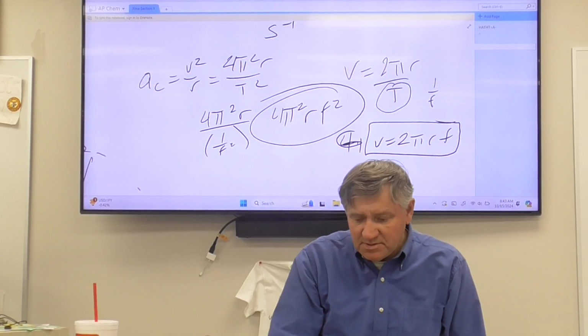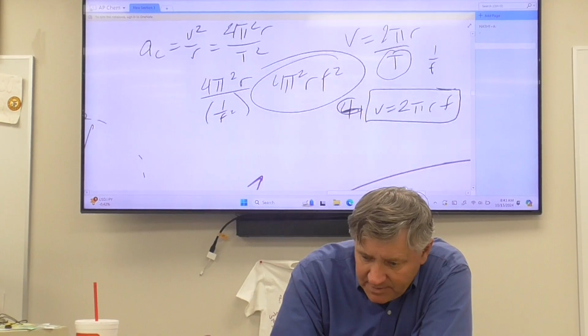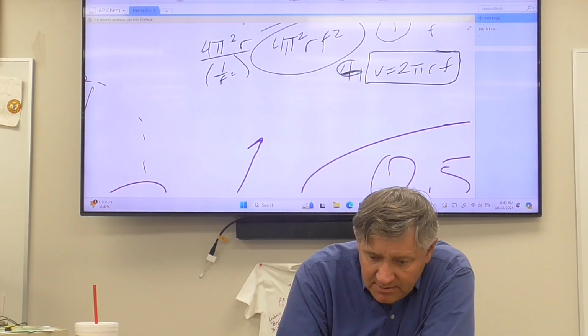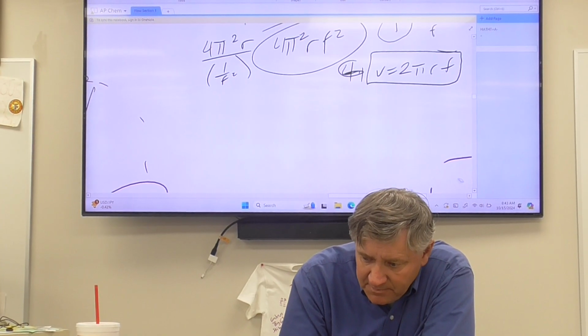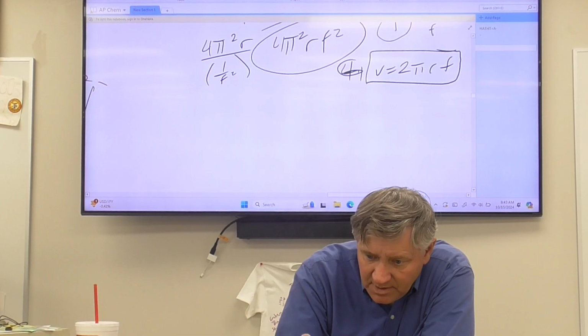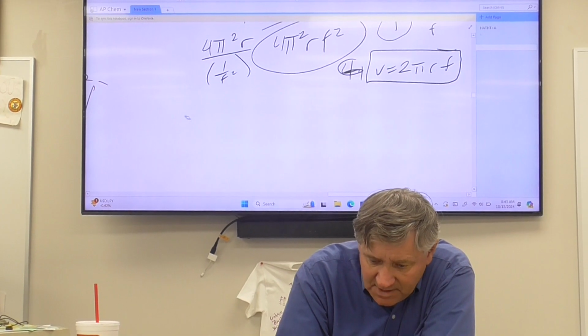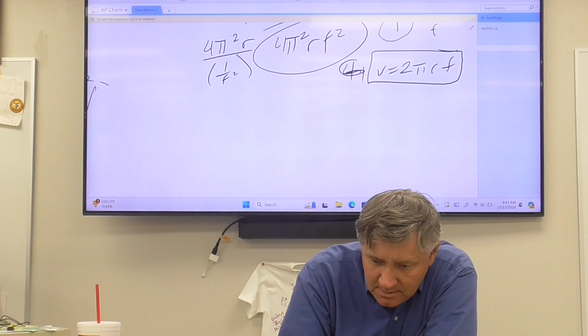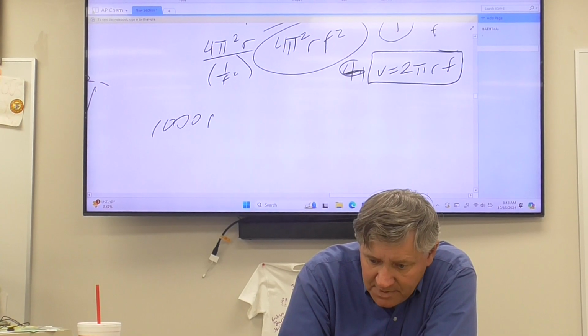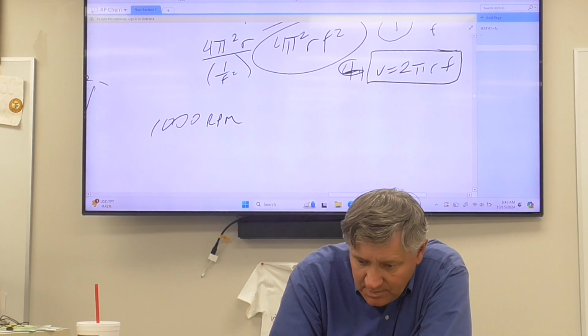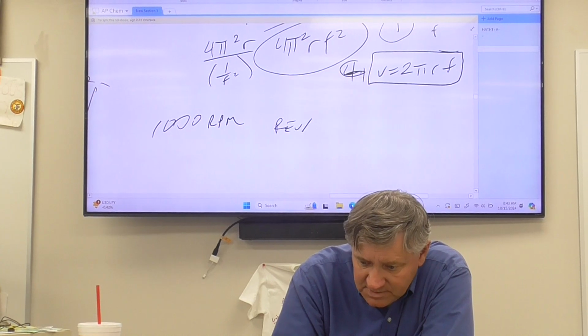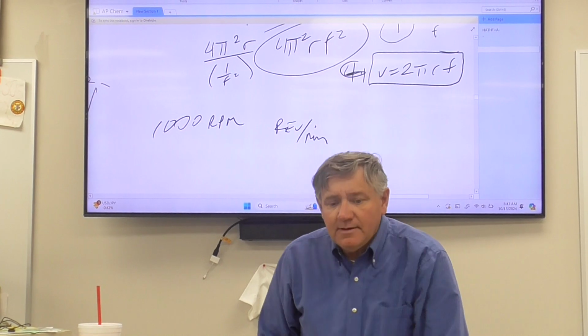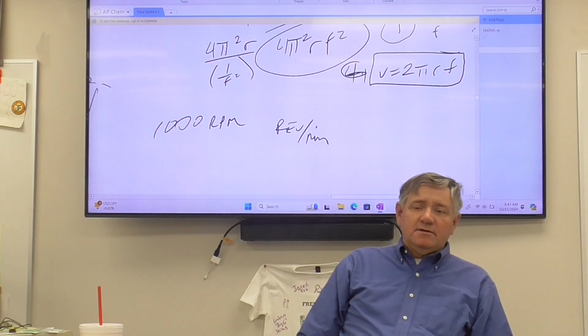So a lot of times, if you've ever seen a tachometer on your engines, they run at revolutions per minute. So if you have, say, 1,000 RPM, which stands for revolutions per minute, is that frequency or period?